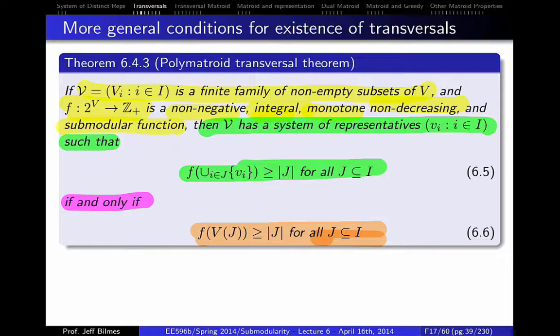It's a system of representatives with the property I just circled. And that property is based on whatever that polymatroid function happens to be. We can make it distinct by setting it equal to the cardinality function, which is an integral valued polymatroid function.